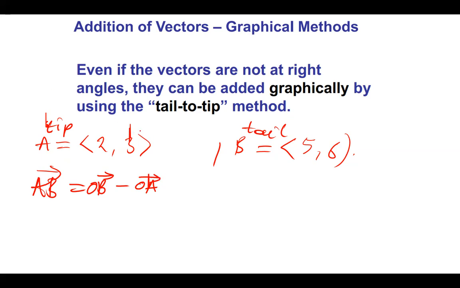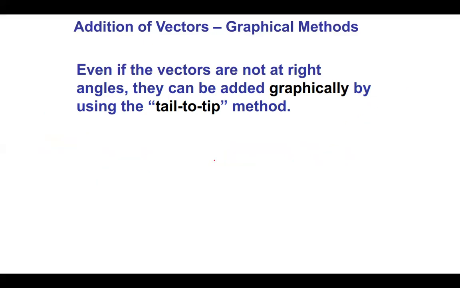That's how it is. Or sometimes they say the head minus the tail. Okay, let me do this. If you have, this is the head and then this is the tail. So when finding a vector, let me just draw them properly. You have two vectors.